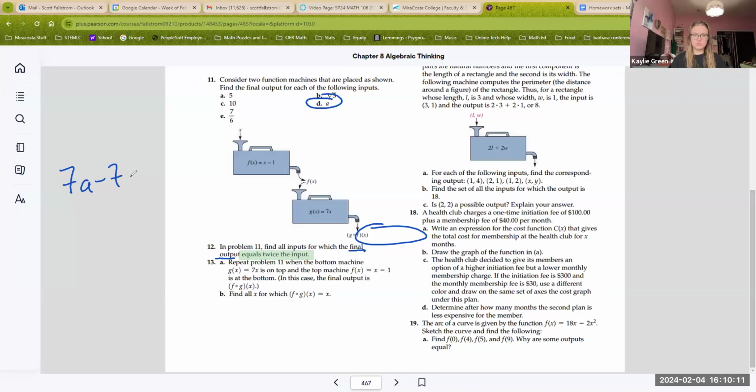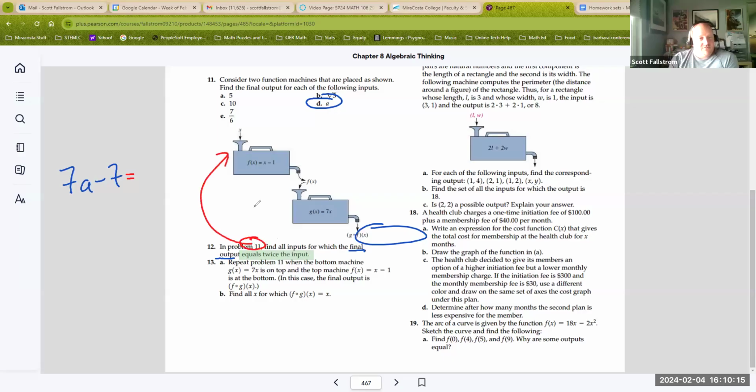Okay, what was your input? For which one? This is in problem 11. When you got this as your final output, what was your actual input? A. And what do we want it to equal? We want it to equal twice the input. How would I write that?